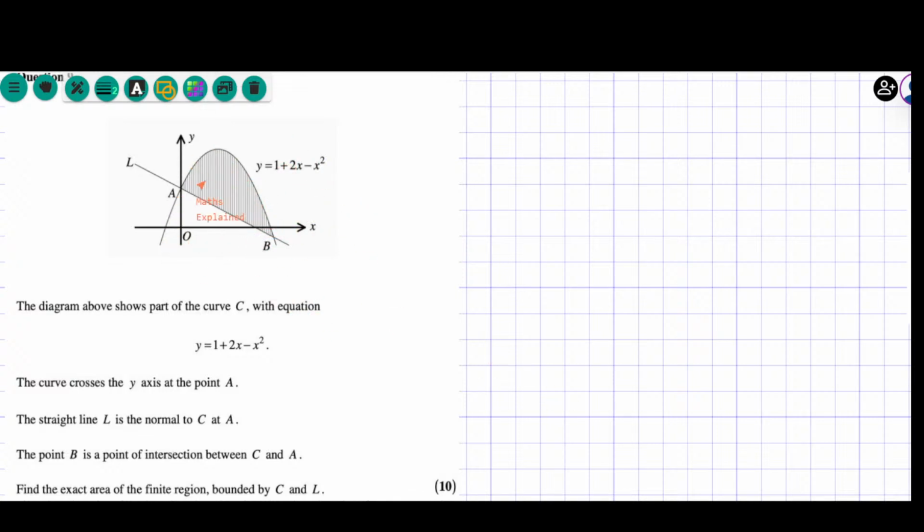So to find the shaded area, we can find the area under the quadratic from 0 to wherever the line and the quadratic intersect, and then subtract the area under the line. What makes this a little bit complicated is the fact that the line and the quadratic intersect below the x-axis.